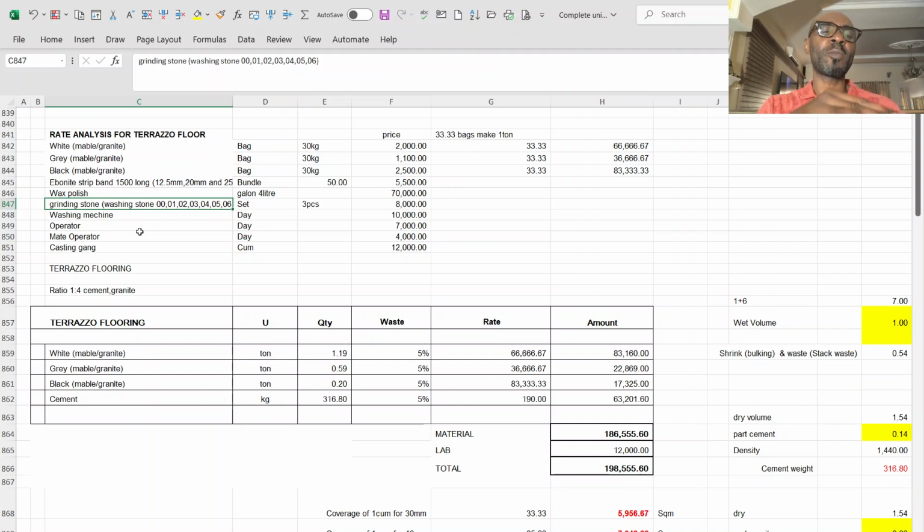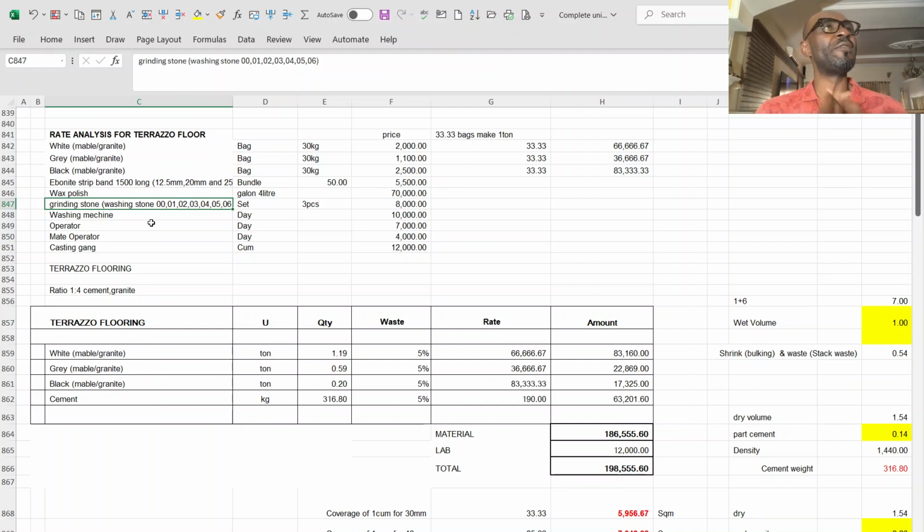So as you keep on applying the different grades of stone from 1 to 2, the smoother and glossier your floor becomes. So some persons, if you're using it for a class hall, do only 00 and 01. But if you're using it for a residence, say a common hall in a commercial building, because you want the appearance to look nice, you can go up to 02, 03, 04.